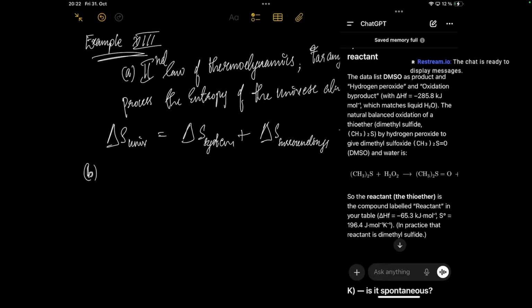What is this equation called? Named? Thioester.